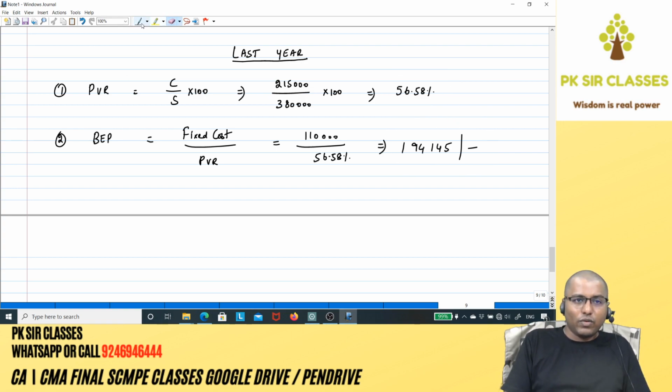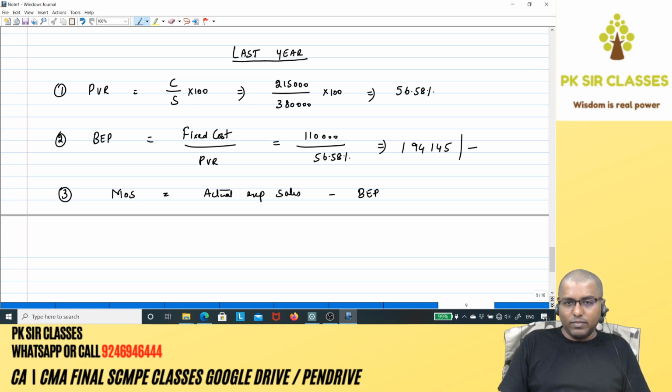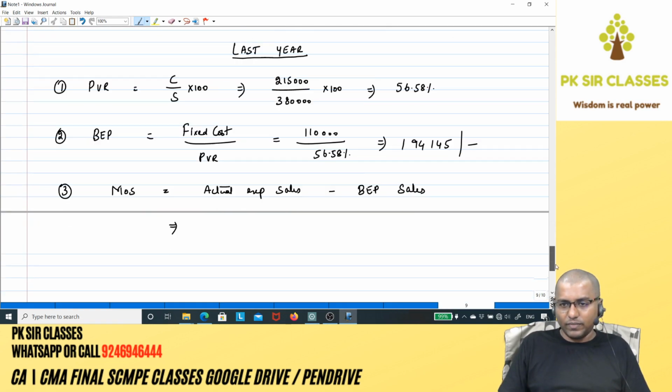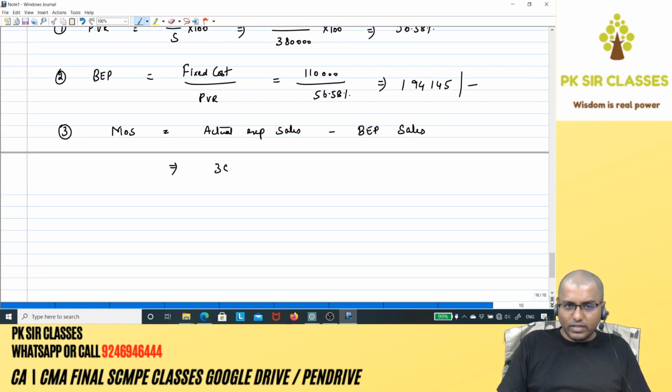Okay. Chalo, coming on to the last one, third one. MOS. So what do you mean by MOS? Margin of safety, which is nothing but actual expected sales minus break even point sales. Correct? That implies, what is your actual expected sales, which is nothing but total sales for the company, which is 3,80,000. That is the actual expected sales minus break even point sales.